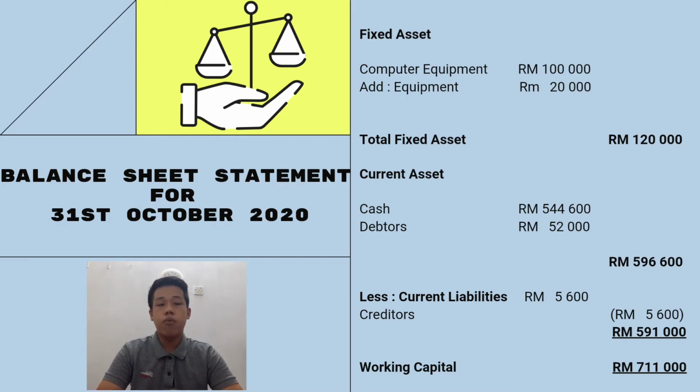After we add them up, we get 596,600 ringgit. For the current liability, we have 5,600 ringgit, so we have to subtract it from the current assets and get the total of 591,000 ringgit. For the working capital, we add it to the total fixed assets of 120,000 ringgit and the total for the working capital is 711,000 ringgit.